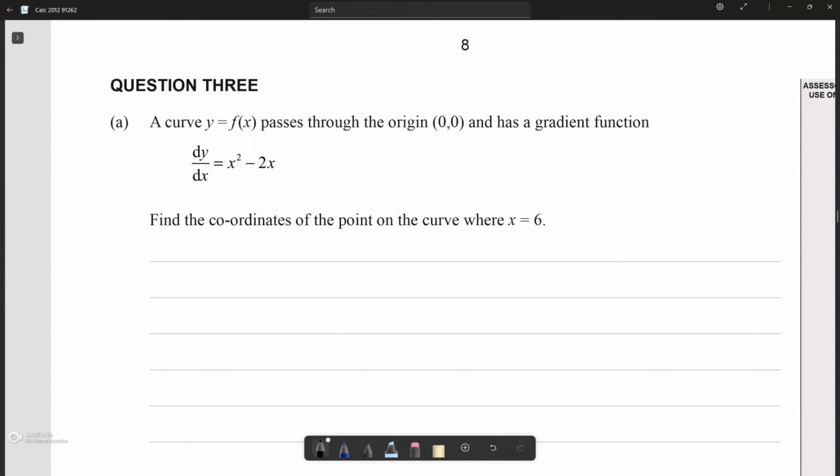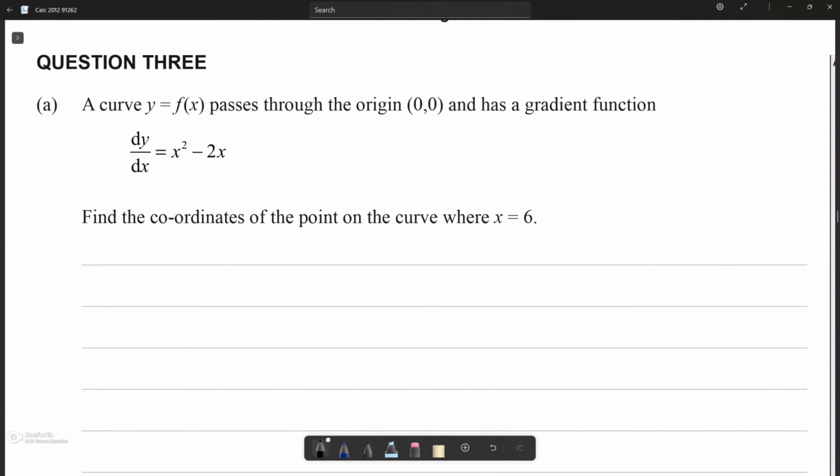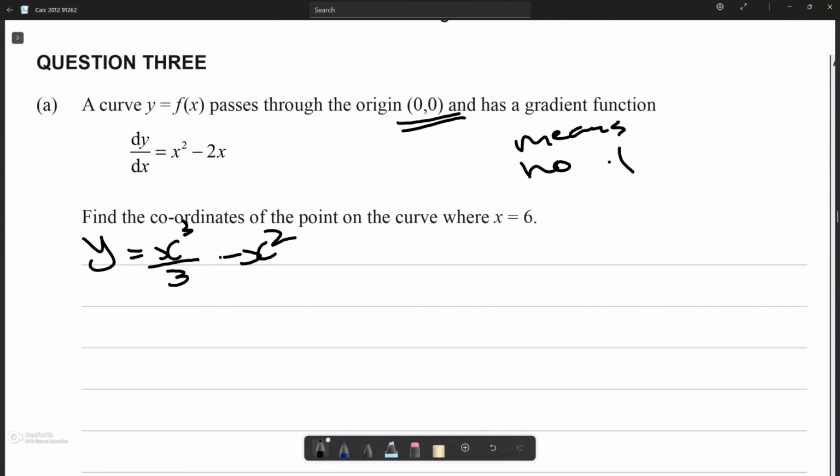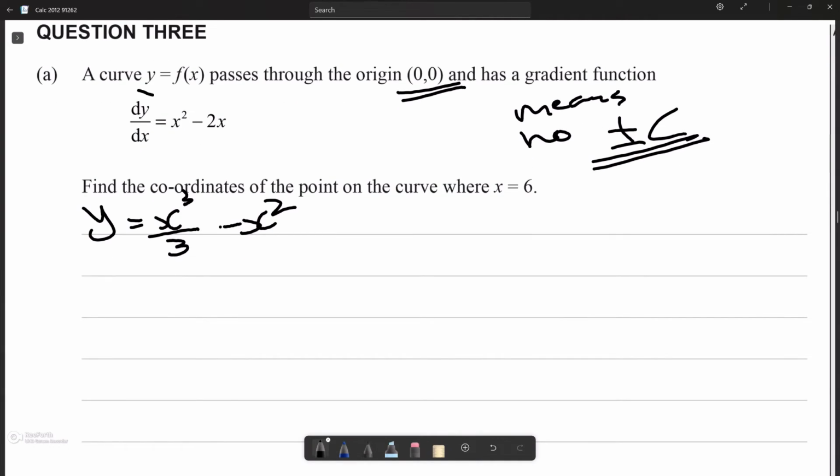Okay, I'll have to come back to that one. Curve y, so if we find, let's do the origin 0, 0, y is equal to x cubed over 3 minus x squared, and since it passes through the origin, there is no plus or minus c, the constant of integration.